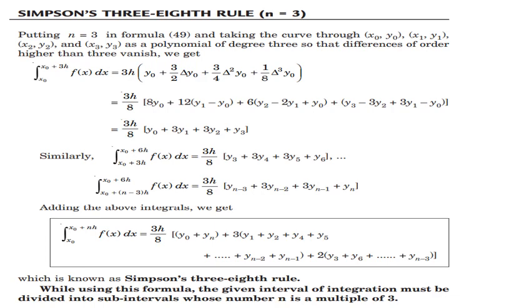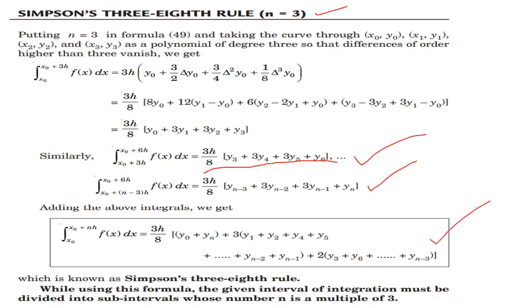Simpson's 3/8 rule is given when n is equal to 3. Here this is the formula which we get after the first implementation of Simpson's 3/8 rule. When we implement it multiple times, we will get this general formula.